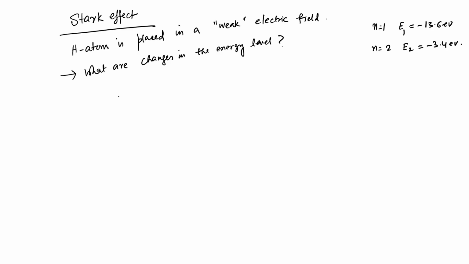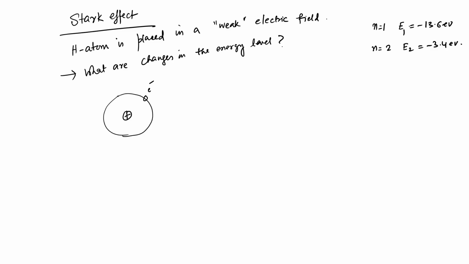And just as a physical answer, and you must have done this in classical electrodynamics, there is an electron there, and there is a proton inside. So, this is like a dipole, because equal and opposite charges are there at a distance, and the distance is nothing but the atomic radius, which is similar to the Bohr radius.